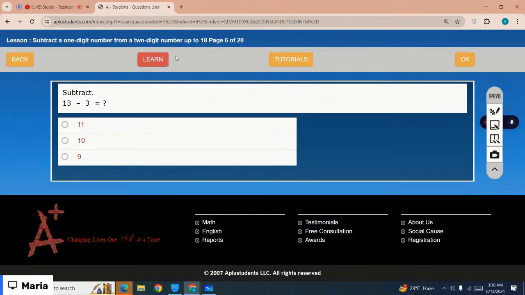The correct option is 10. 13 take away 3 is 10.